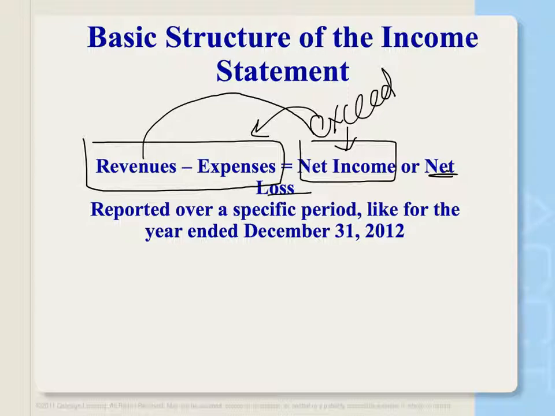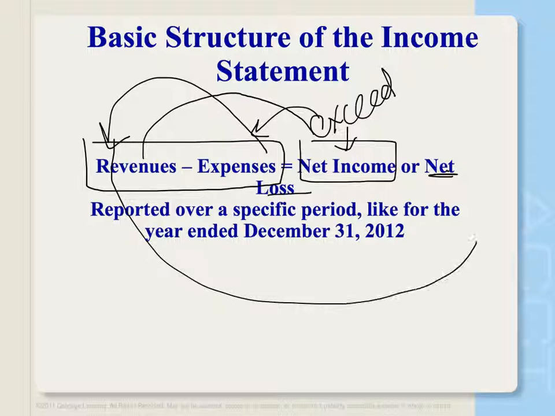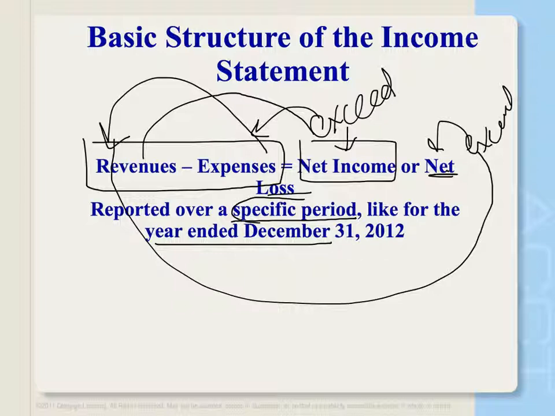If expenses exceed revenue, you end up with a net loss. We like to show that over a specific period of time. An example is for the year ended December 31. So we call that a specific period of time.